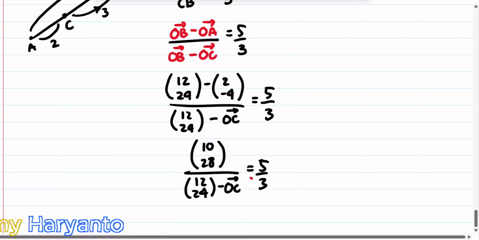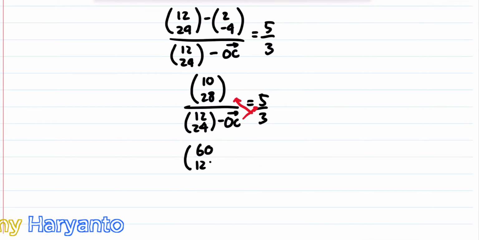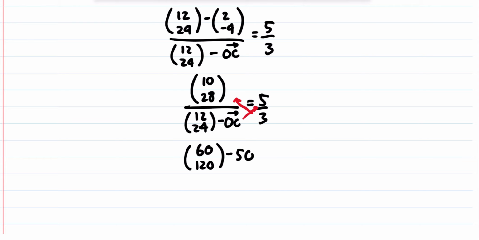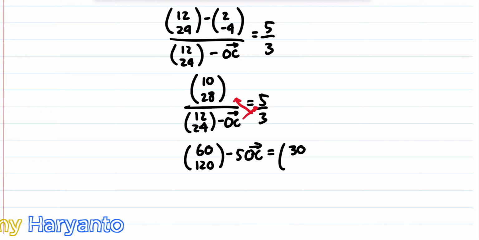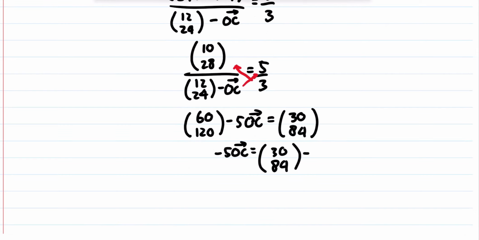You have to cross multiply like this. So you'll have 5 times 12 is 60, 5 times 24 is 120, minus 5 OC equals 3 times 10 is 30, 3 times 28 is 84. Okay, and then negative 5 OC equals 30 and 84 minus 60 and 120.